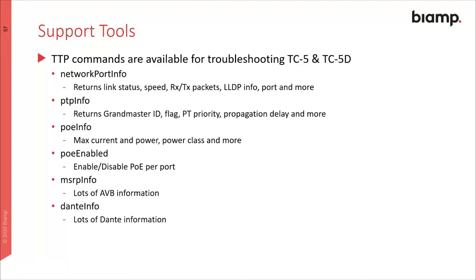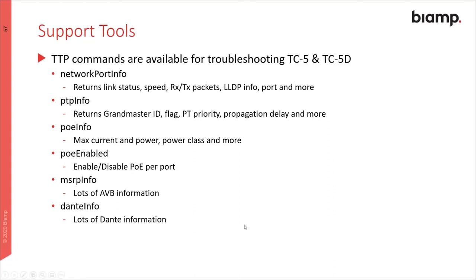Some of these commands can also be used on the Tesira Forte DSP as well, but more in case of the TC5 and TC5D. You can get information on the network, the timing protocol, the PTP info, but more importantly, you can power cycle remote devices that may be installed in the ceiling by using the PoE enable disable command.